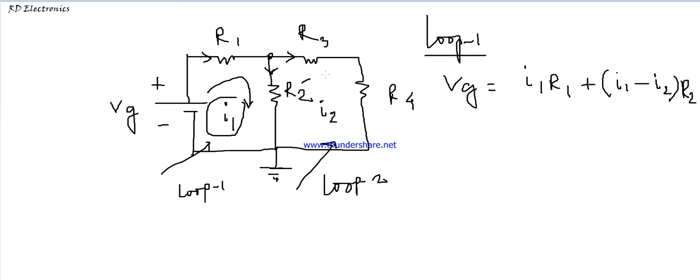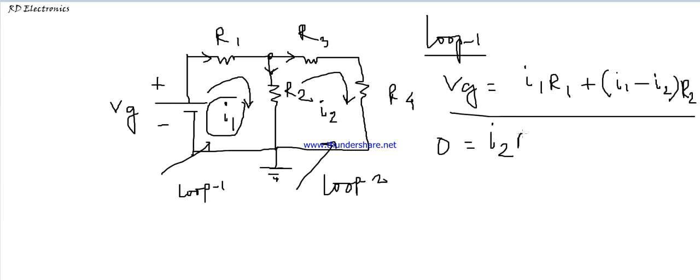And in loop 2, what is the KVL equation? In this loop, no voltage source is connected. There is no DC voltage source, so the magnitude of the DC voltage source equals 0. So we write 0. And what are the voltage drops? The first voltage drop equals I2 into R3.